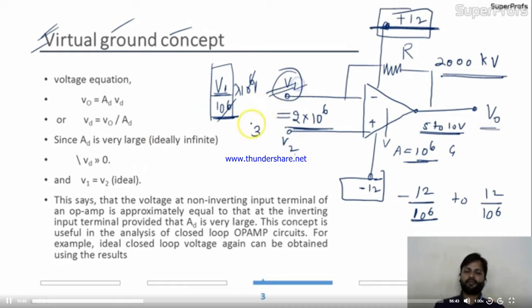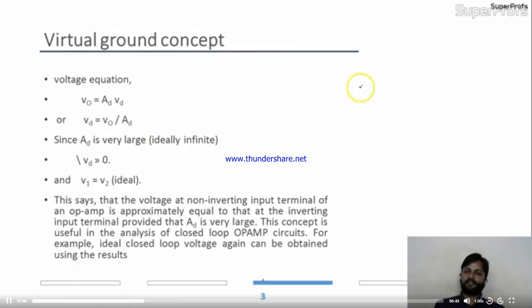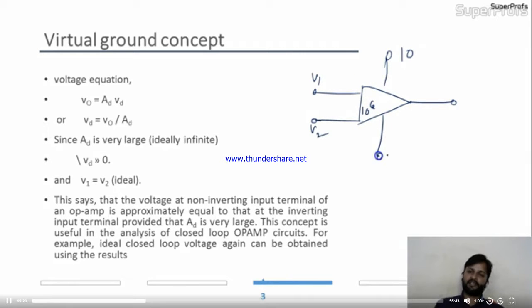So the two inputs of an op-amp are very small. For an op-amp, the two inputs V1 and V2 are very small. The gain is 10 to the power 6. Suppose the supply is plus 10 and minus 10.